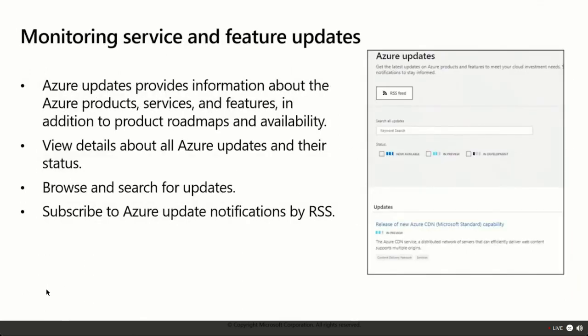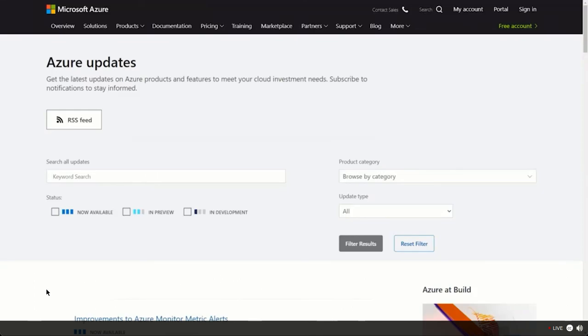If you're curious where you are on the status of the preview features, this is where you can actually check. There is an Azure updates page, and let me actually pull that up for you. The Azure updates page allows you to subscribe to the RSS feed, and this is where you can search keywords of any products that you're using. So if you see a preview feature that you love and you're like, where is it? You can search for it here, and you can see whether it's now available, if it's in preview, or if they're currently working on it.